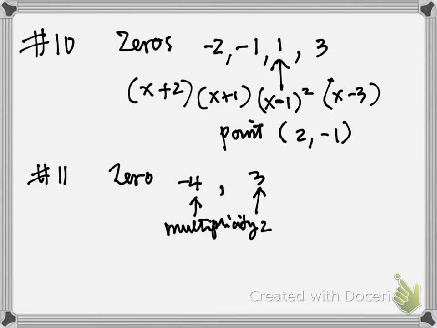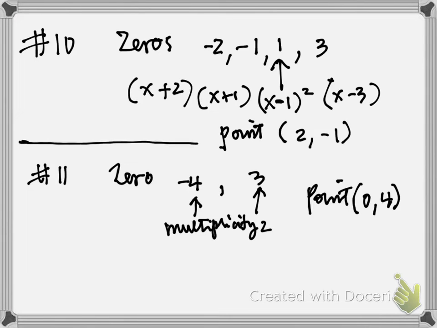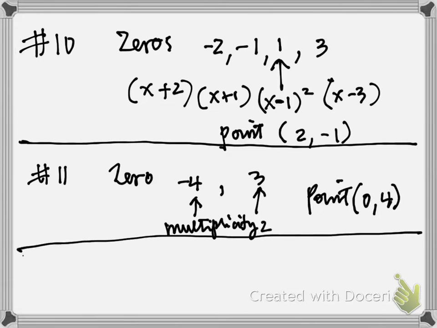So that gives you 4 roots. And the point that they gave us this time is 0, 4. So remember, you're going to use the given point to find the k in the equation.